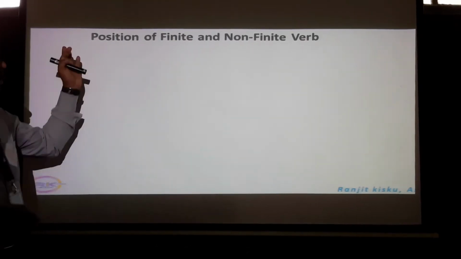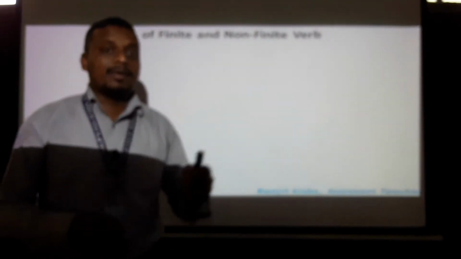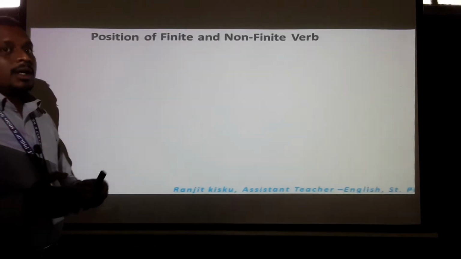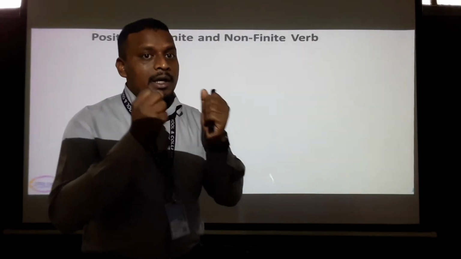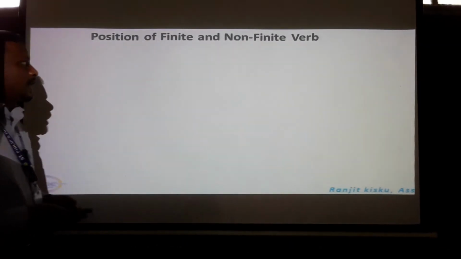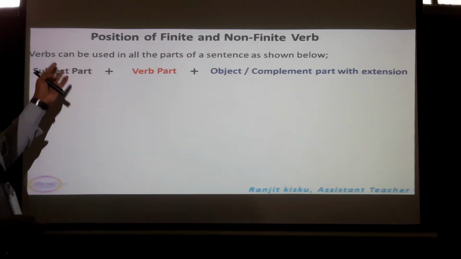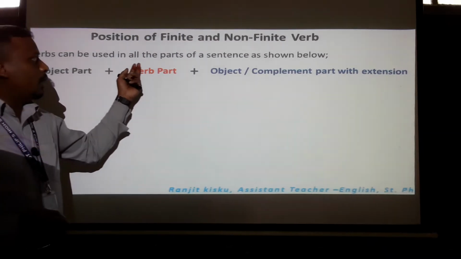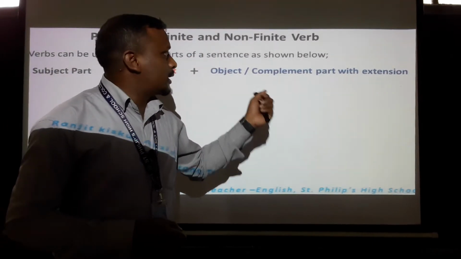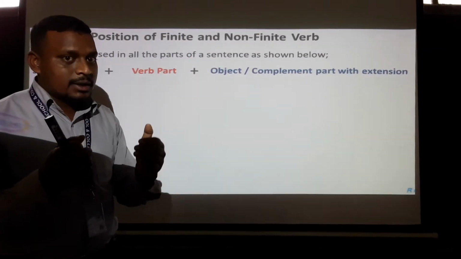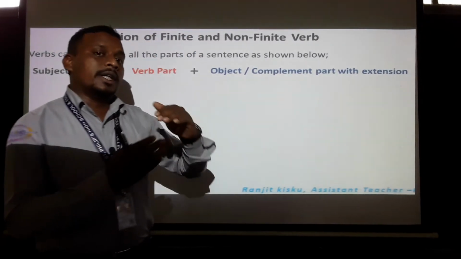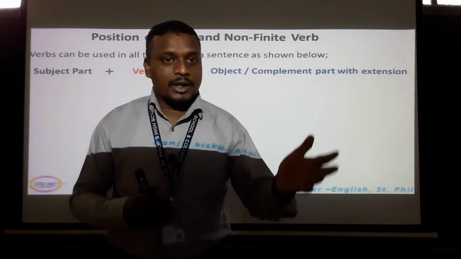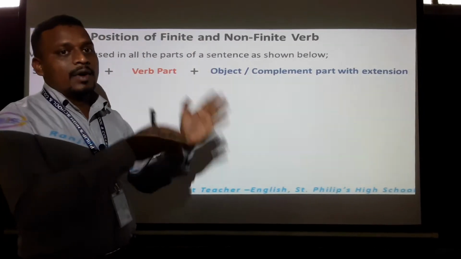Now we will see the position of finite and non-finite verbs in the sentence. Where do we find a finite and non-finite verb in an English sentence? Verbs can be used in all the parts of a sentence as shown below. So dear learners, we understood that verbs can be found either in the subject word, the object word, or the verb part.